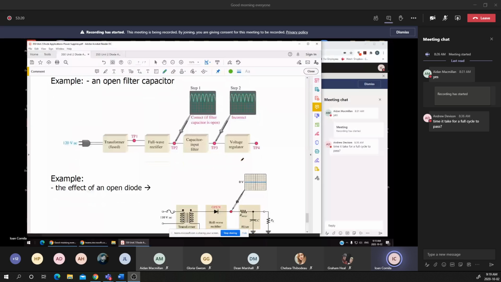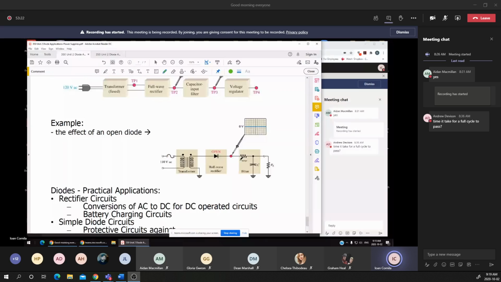Now that's an example of what to expect if we are not seeing any voltages after the diode, which acts as a half-wave rectifier. If there is no voltage on the output of the diode, most of the time we are dealing with an open diode, which has a voltage of 0.